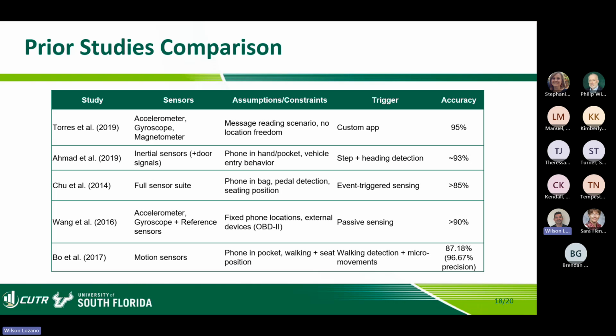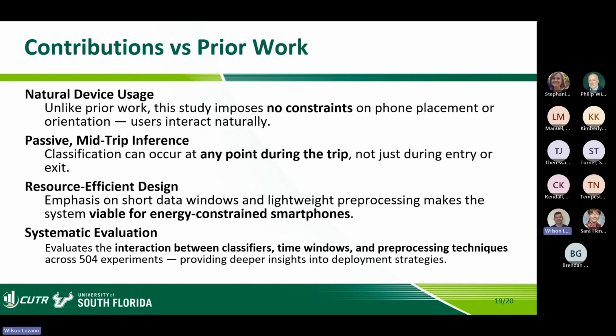I'm not going to go over it in detail, but that's the information I have for those. And here is the contribution versus that prior work. We work with natural device usage. Unlike prior work, this study imposed no constraints on phone placement or orientation, so we encouraged users to interact naturally with the device.